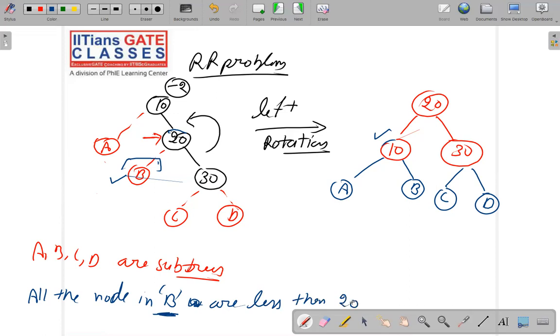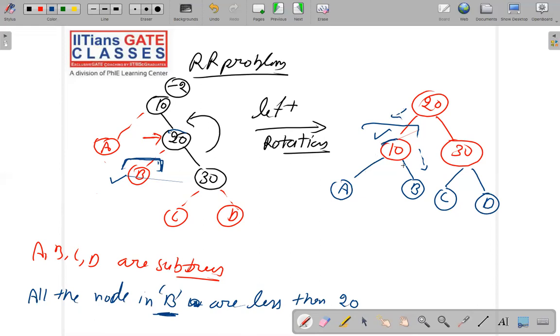So once the rotation happens, B should always be on the left side of 20. Now it is on the left side of 20, in the left subtree.